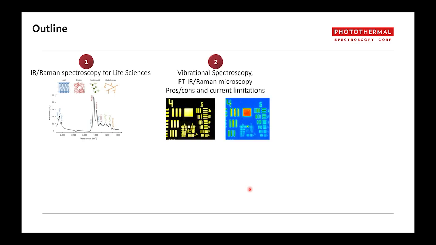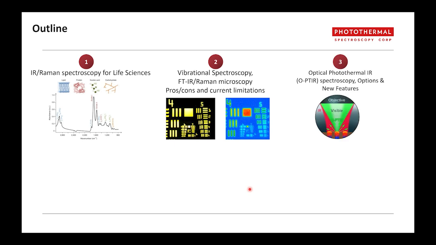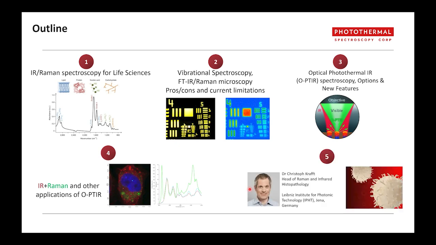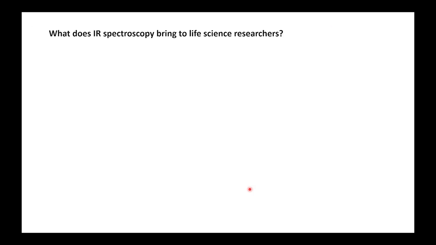Then I'll do the usual background on the existing technologies, the pros and cons. I'll then introduce how O-PTIR works and how it overcomes virtually all of those existing challenges. I'll take you through a few existing applications, drawing mostly from the published literature, and then I'll hand over to Christoph roughly about the halfway point for him to delve a little deeper into his recent research.